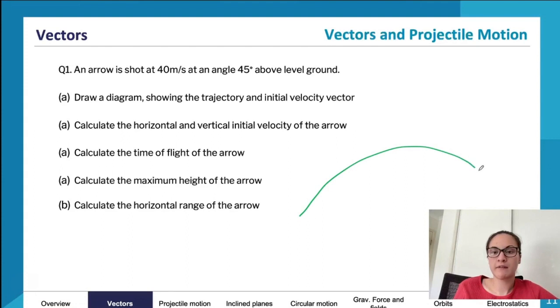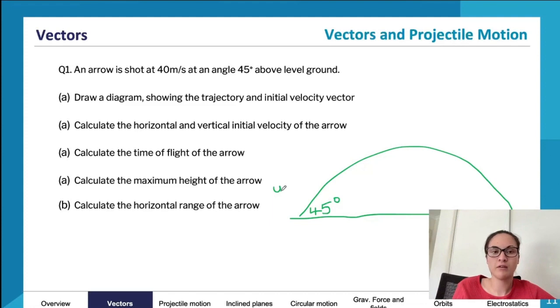So we're going to say it goes up like that. We've got 45 degrees it was shot at, and the initial velocity, so just a u, because they're not giving us a vertical or a horizontal component, is 40 meters per second.